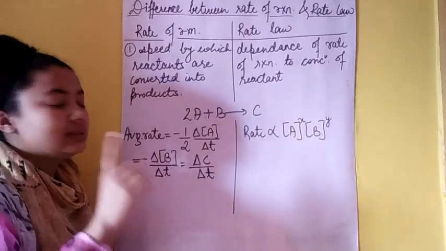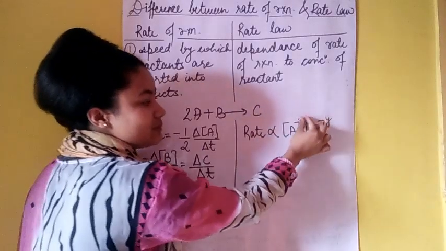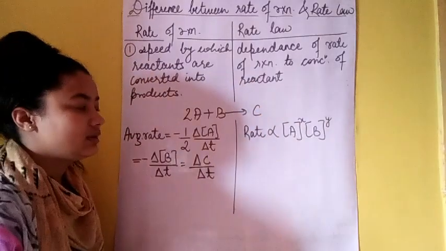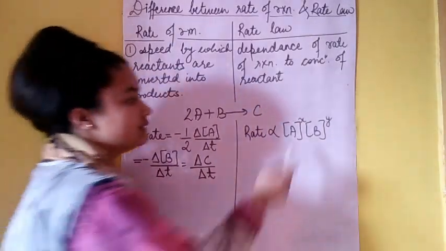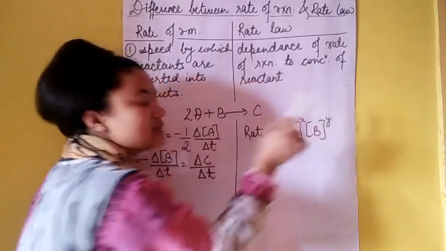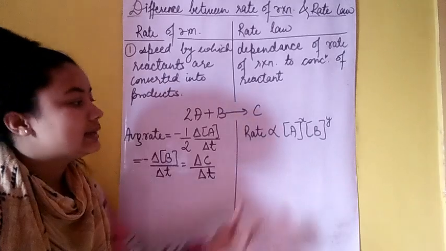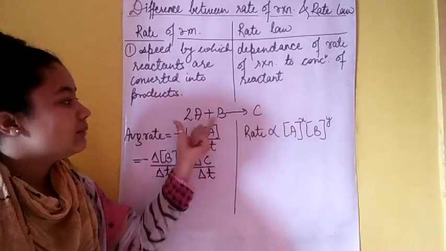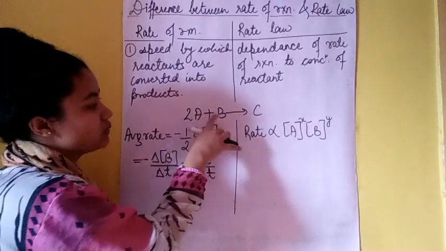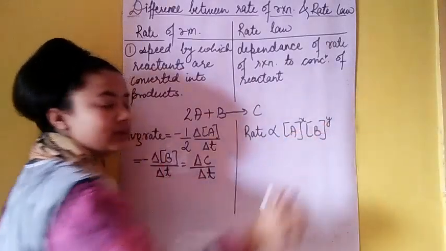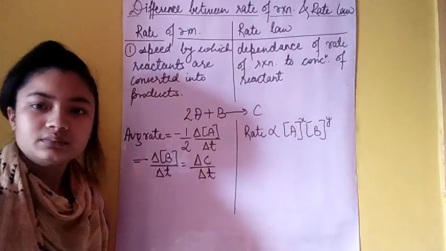But in the rate law expression, the exponent is only calculated experimentally. It cannot be calculated by looking at the balanced chemical equation, like putting 2 and 1 here. This is not the method for calculating the rate law.